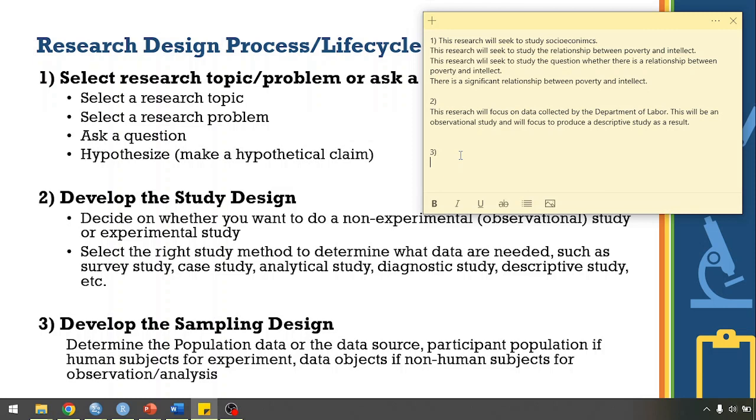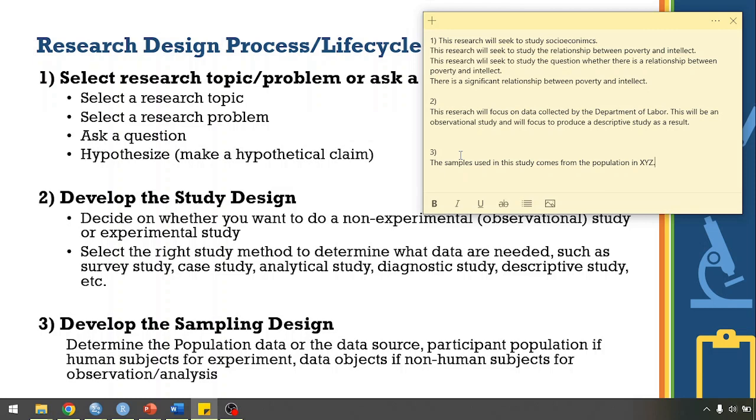So again, this will kind of mimic the previous section, where it will say the population, the samples we use in this study come from the population in XYZ city or country.